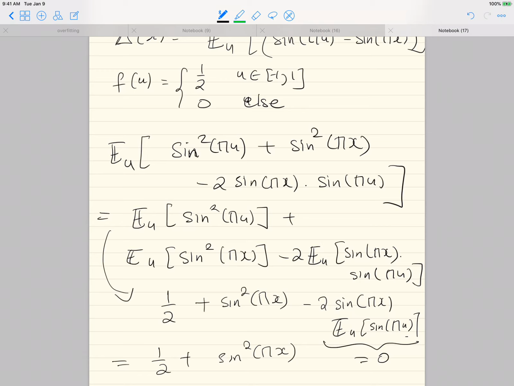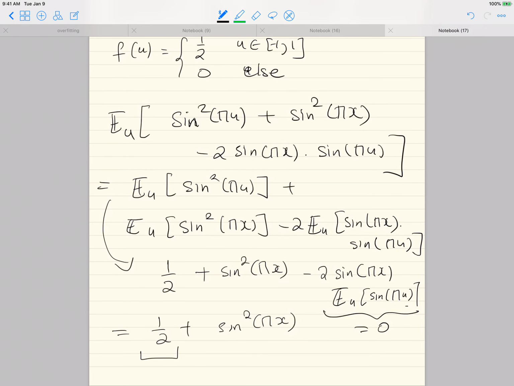Now if you recall our calculations, this is the variance function and this is the bias function. From the previous page, sine square pi X was precisely the bias and half was precisely the variance. So what we have shown is that delta of X, at least in this example, is the variance plus the bias.